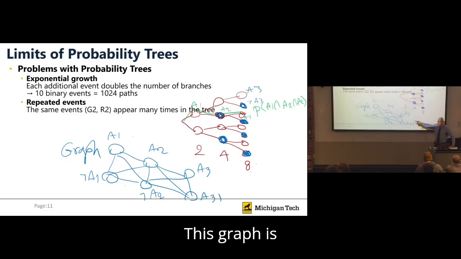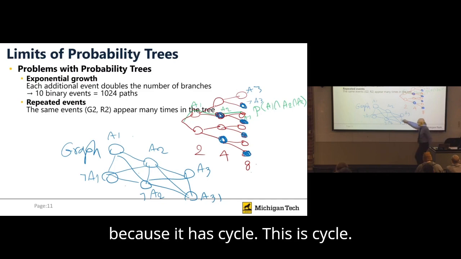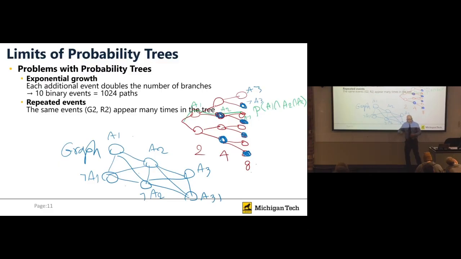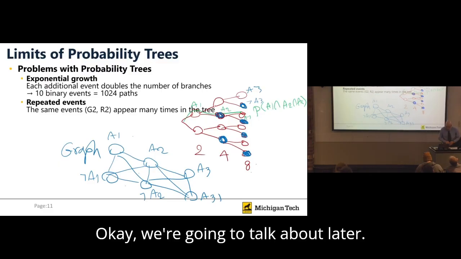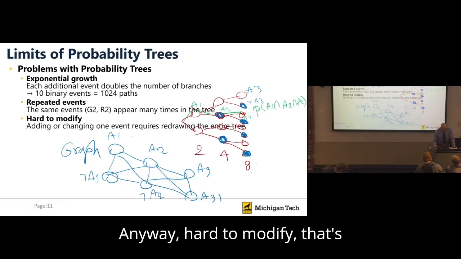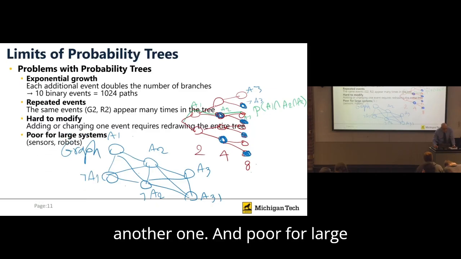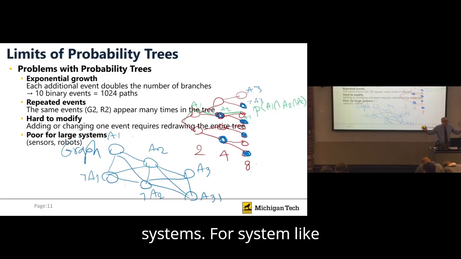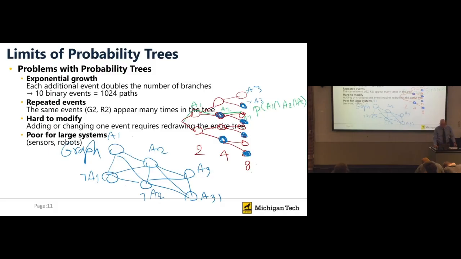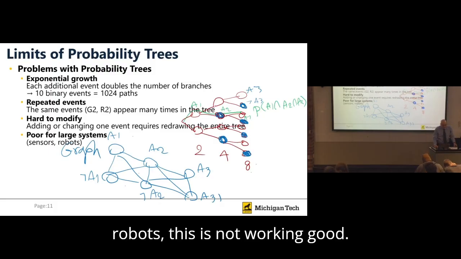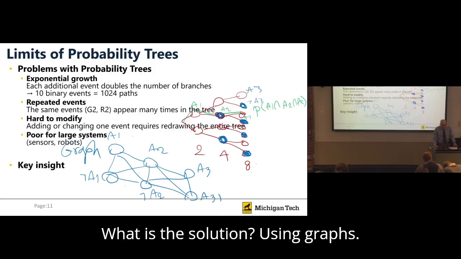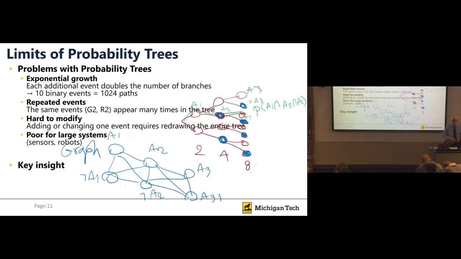This graph is undirected and cyclic because it has a cycle. This is a cycle. Okay? We're going to talk about them later. Anyway, hard to modify, that's another one. And poor for large systems. For a system like thousands of sensors or robots, this is not working well. What is the solution? Using graph. Yes.